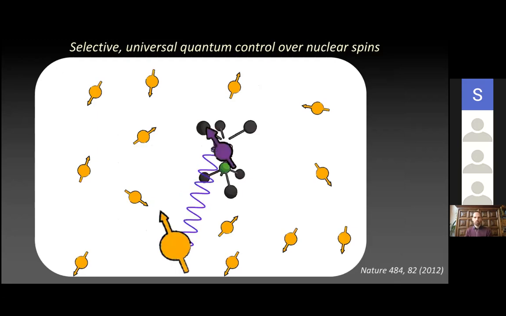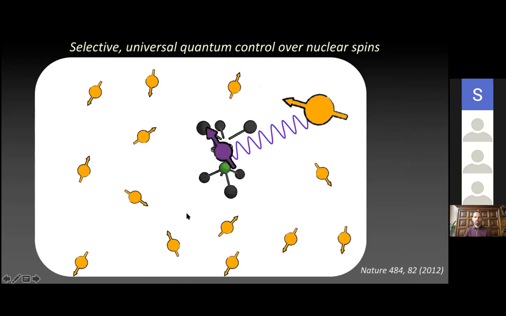So, for instance, if I want an interaction with this nuclear spin, but I don't want to touch the other ones, I'll make sure I rotate the electron spin at the pace that is good for the resonance with this one, tailored to the interaction with this nuclear spin, and the other ones will remain decoupled. If I then want an interaction with another nuclear spin, I change the frequency at which I flip my electron spin, and then I have an interaction with that nuclear spin. That way I can get access to and control the individual nuclear spins, even though there are many of them inside this spin bath.